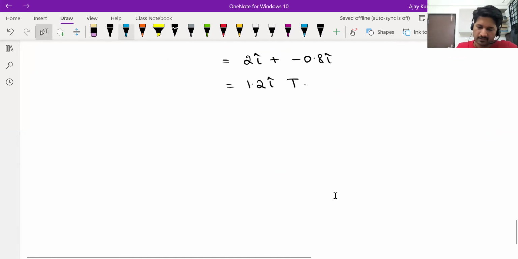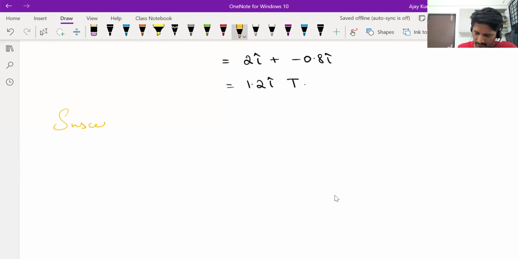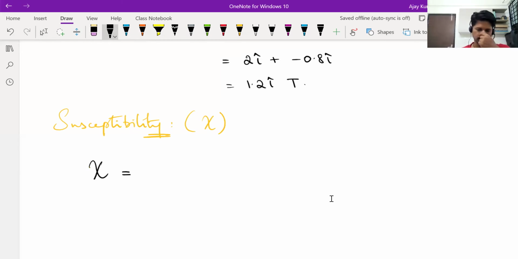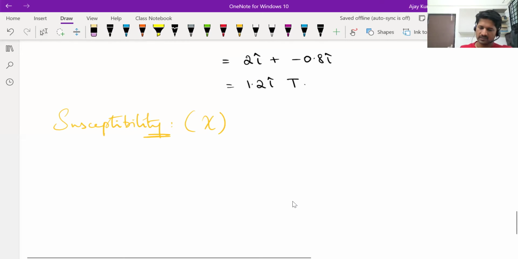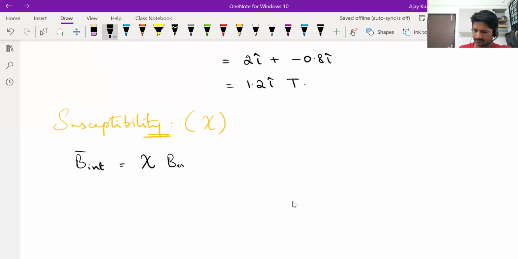Okay, now let us discuss susceptibility of a diamagnetic substance. How did we define susceptibility? It is like a factor of how much a material can be magnetized. It is the proportionality constant between the internal field and the external field.